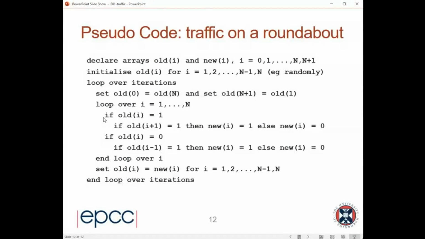You loop over the cells. If the current one is occupied and the next one is occupied, it doesn't move, else it moves, and the new one is empty. So that's the case of an occupied car moving forward. If the current one is empty, then it becomes occupied if there's a car upstream. Those are the rules, and then you copy back, old equals new.